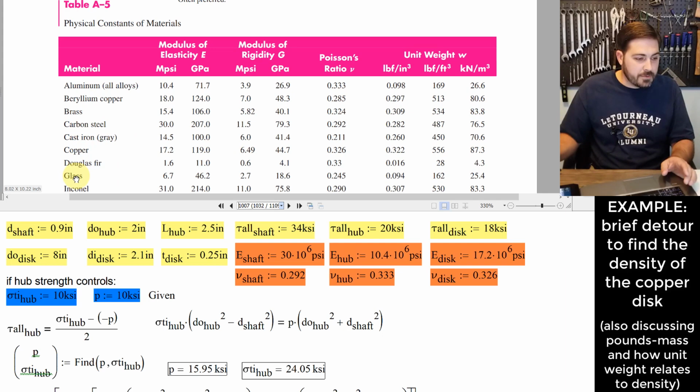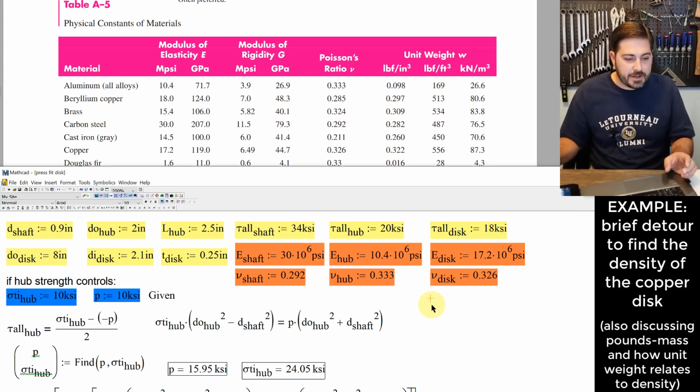You'll notice here that one of them is copper, and copper, it isn't actually given to us exactly as a density, but it's given to us as a unit weight, which is a force per volume instead of a mass per volume. And this actually brings up an interesting point that I'll go ahead and show you right here.